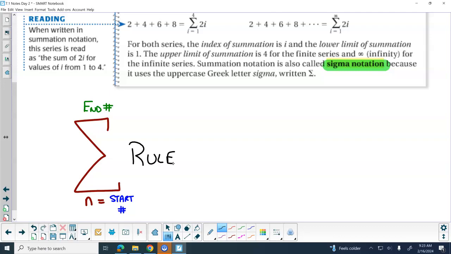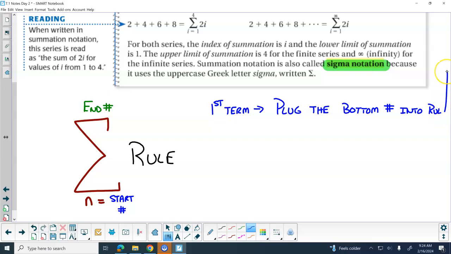So to find the first term, you're going to plug the bottom number into the rule. That gets you your first term, A sub 1.